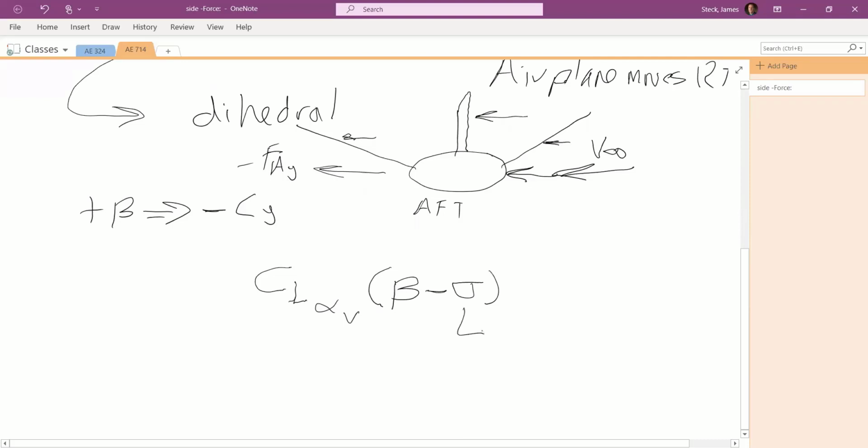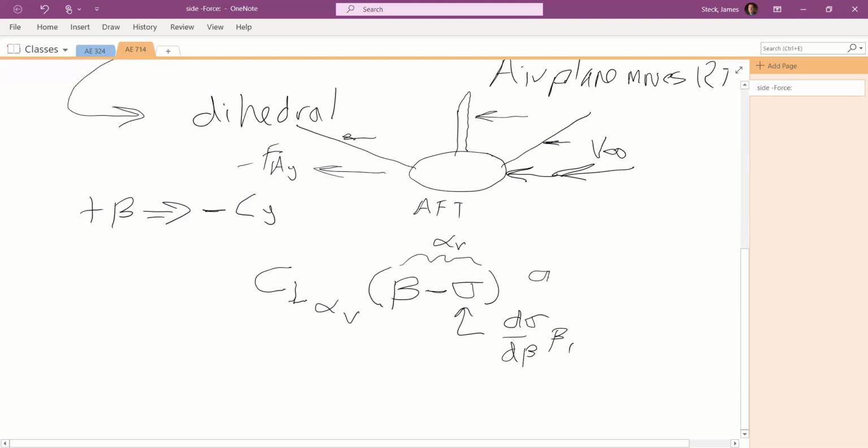And for the side wash, we're going to use the model where the side wash changes with beta. So at 0 beta, we get no side wash because the airplane's symmetrical, right? All right, so there's the angle of attack. You can call this alpha of the vertical tail if you want. So it's CL alpha V times the angle of attack with the side wash model.